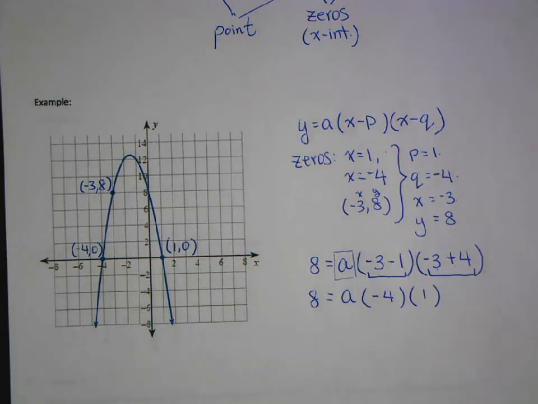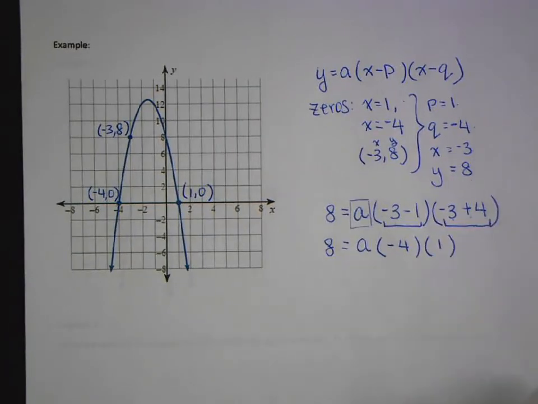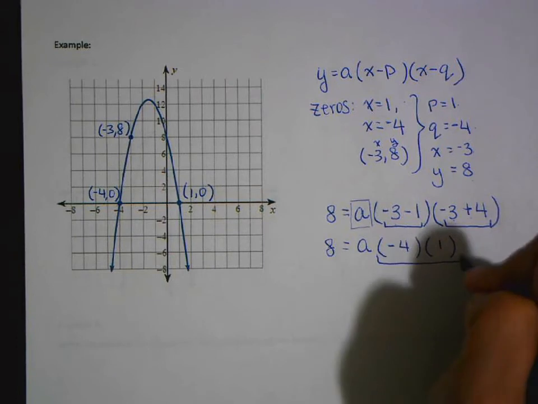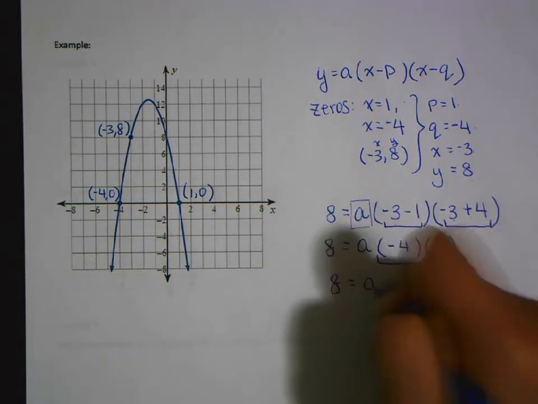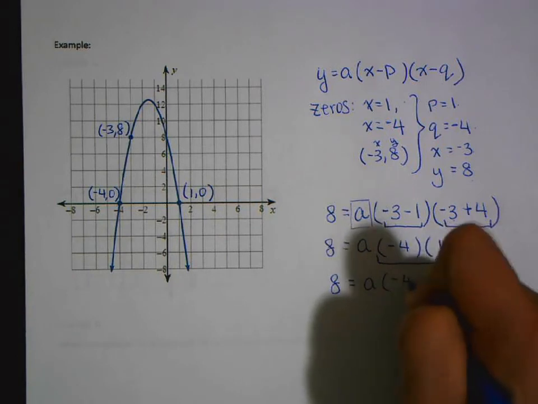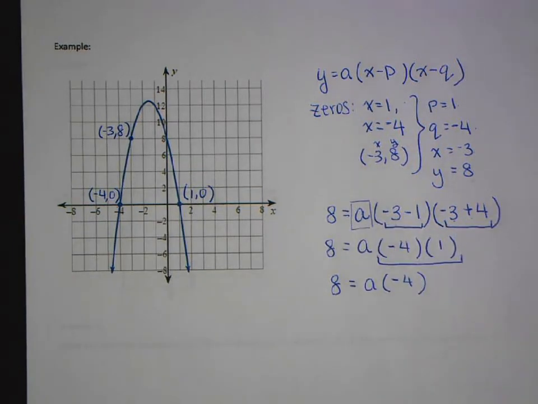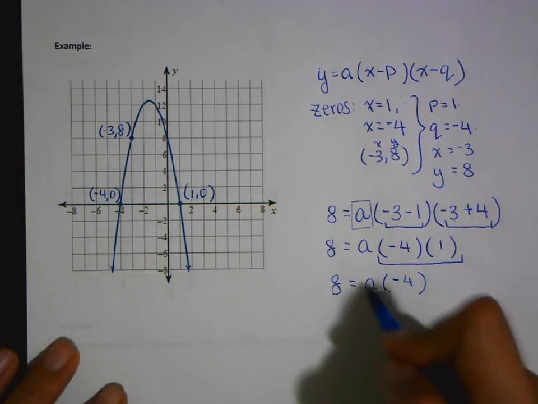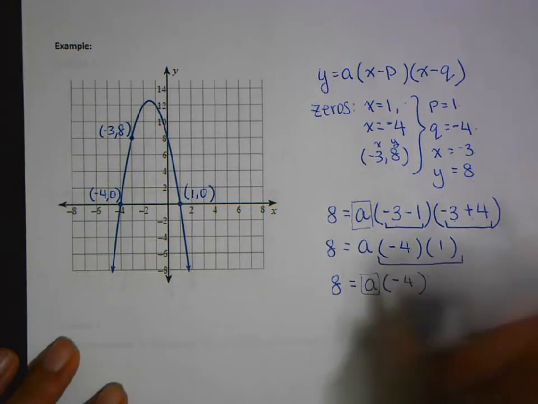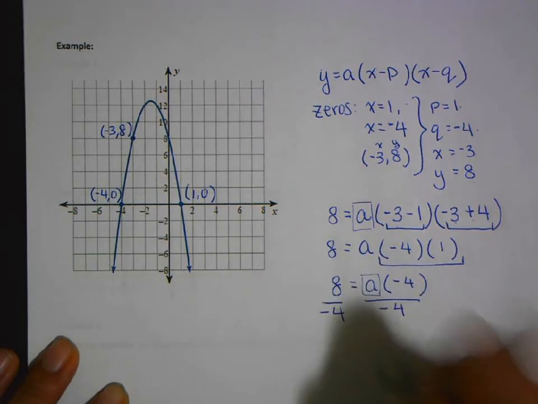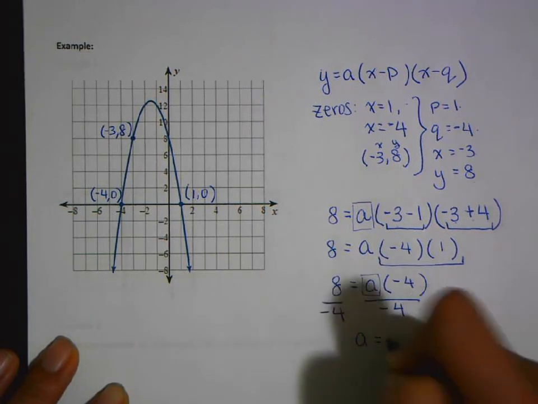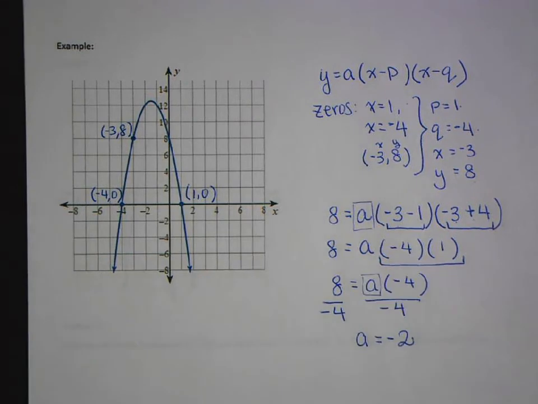Keep on simplifying. -4 times +1 gives me 8 equals a times -4. Now that I have simplified everything, I can solve for a by dividing by -4 on both sides, leaving me with a equals -2.